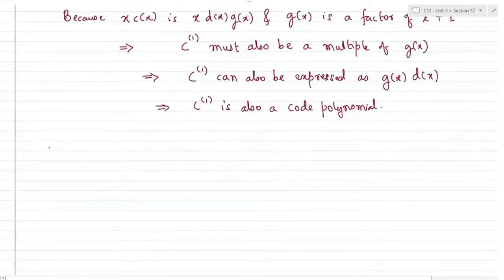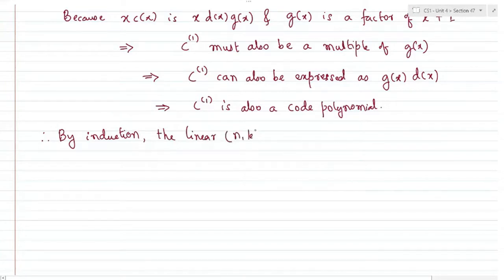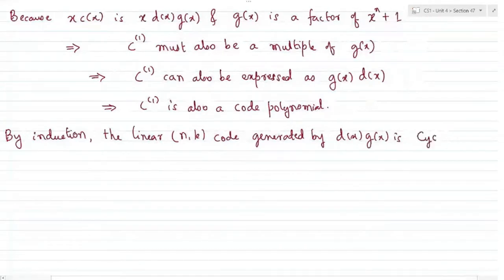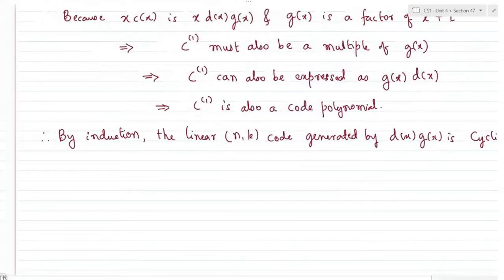You can say that therefore, by induction, we can prove that the linear (n, k) code generated by d of x times g of x is cyclic.